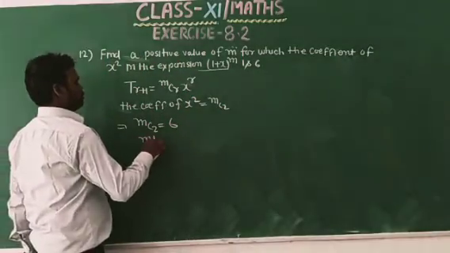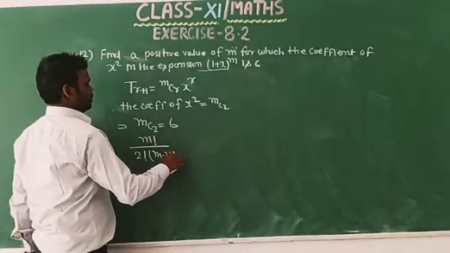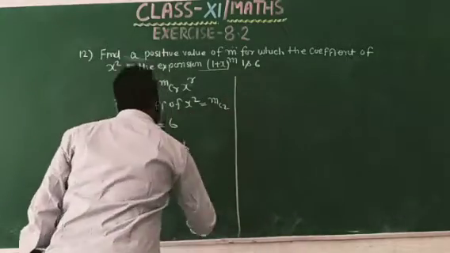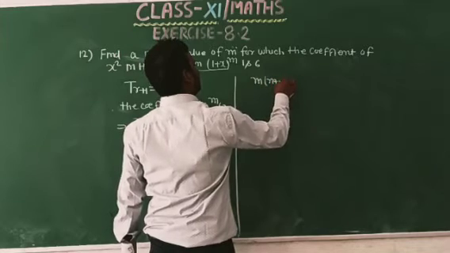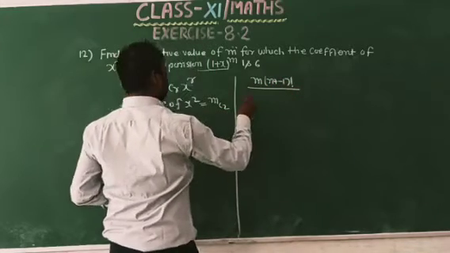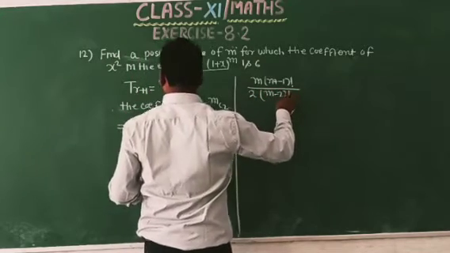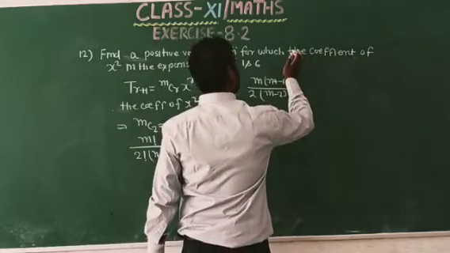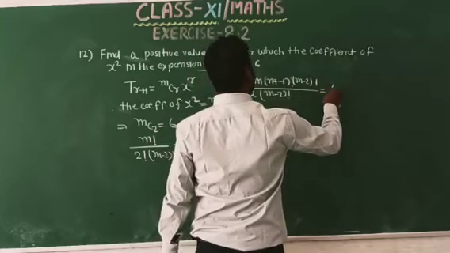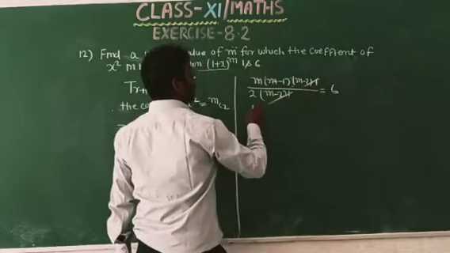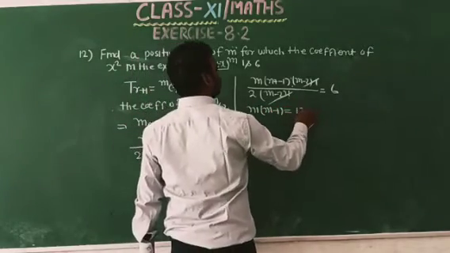So this is m factorial upon 2 factorial and (m minus 2) factorial equal to 6. So this is m into (m minus 1) into (m minus 2) factorial upon 2 and (m minus 2) factorial equal to 6. So this cancels out, and m into (m minus 1) equal to 12.